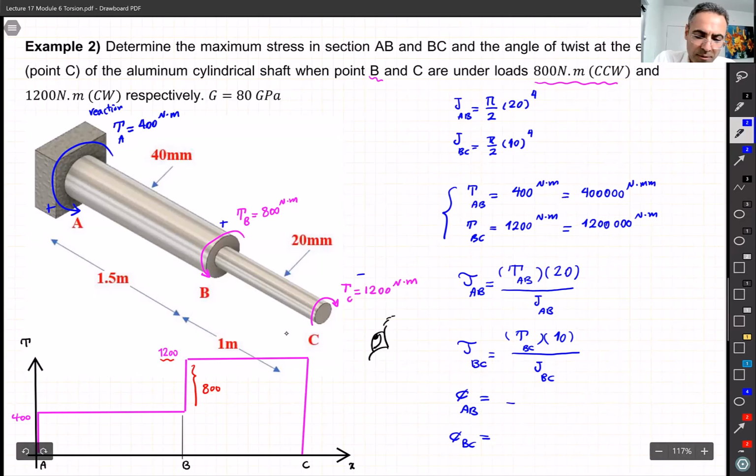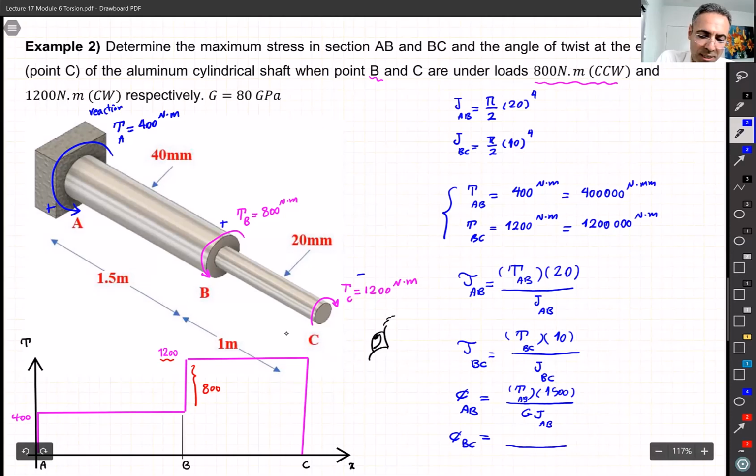So from A to B, we have again the formula TAB. The length between A to B is 1,500 millimeter. And G, we have G, and we have J, AB.